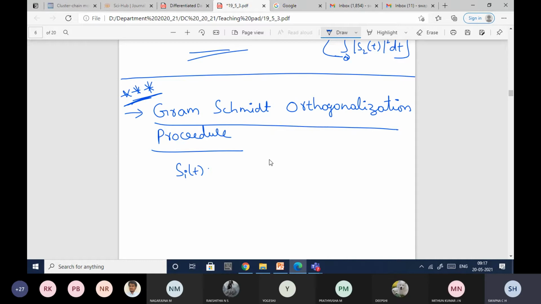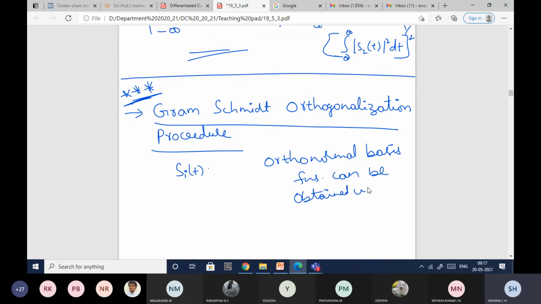Orthonormal basis functions can be obtained using this procedure. How we are going to derive them, we'll see now.